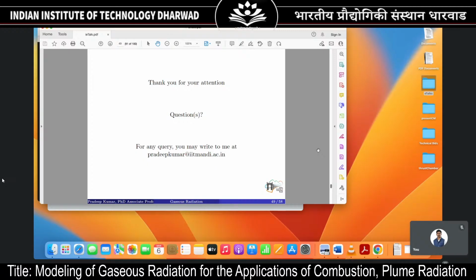The second question is from Professor Remankar again. In comparison to other modes of heat transfer, the radiation mode is less understood. You can comment on that. Yeah, the main reason for this is that the tool is not available.